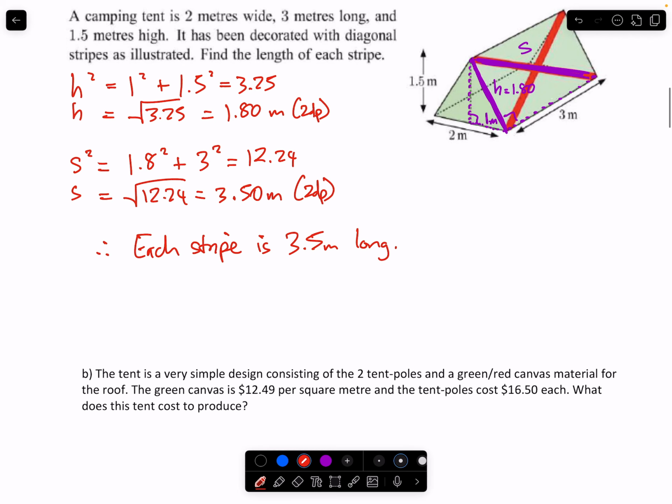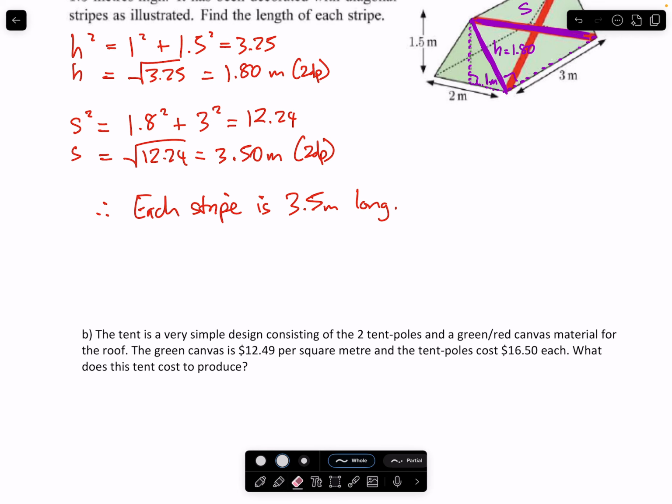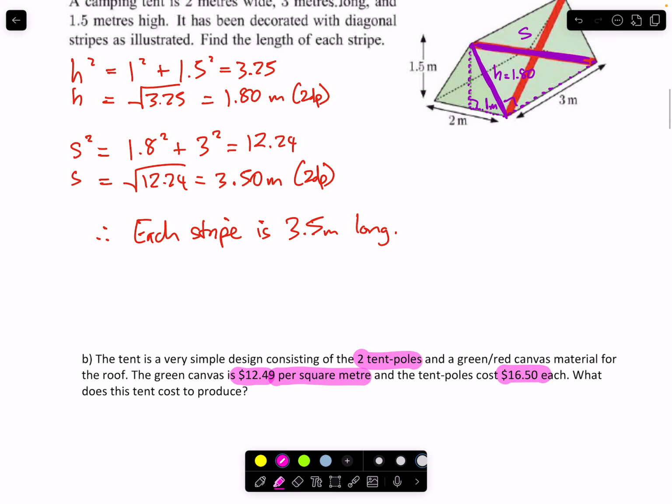The tent is a very simple design consisting of two tent poles and canvas material for the roof. The canvas is $12.49 per square meter, and the tent poles are $16.50 each. What does the tent cost to produce?